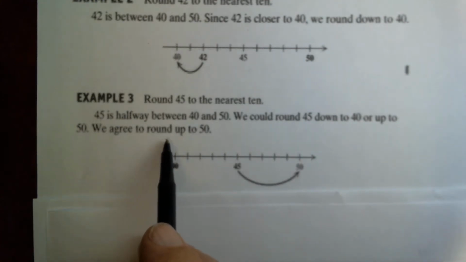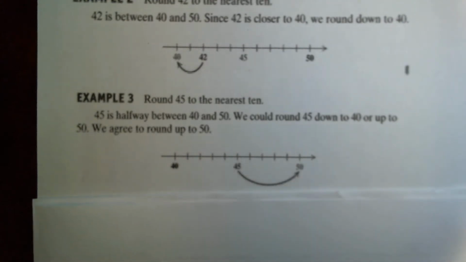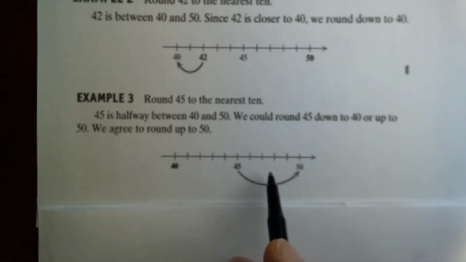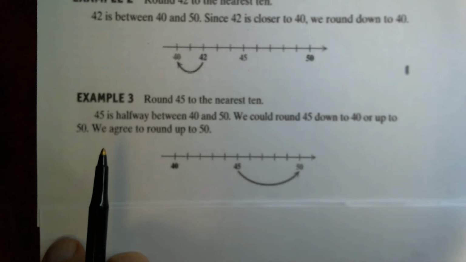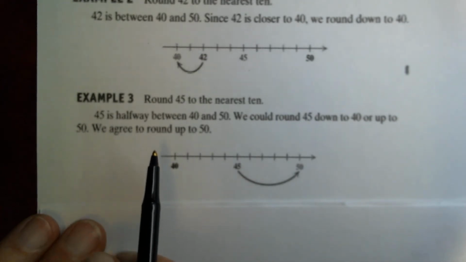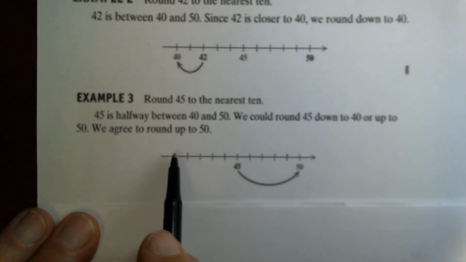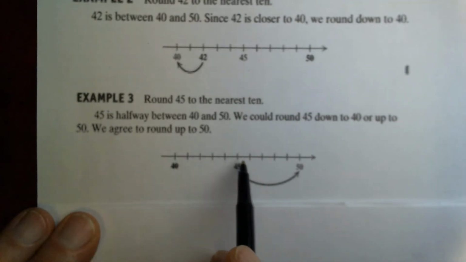We agree to round up to 50, and that is where most of the rounding goes. If it's halfway, we round up. That's a general agreement. Once in a while, you have a difference of opinion about that, but here in this book, and probably most math you'll ever see where it talks about rounding, if it's halfway, we round up.